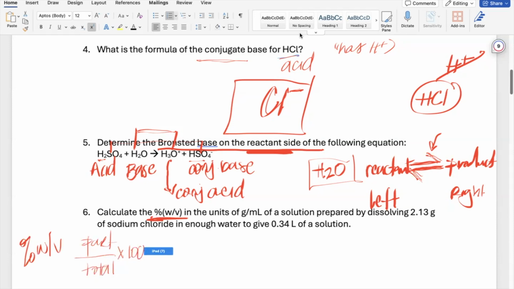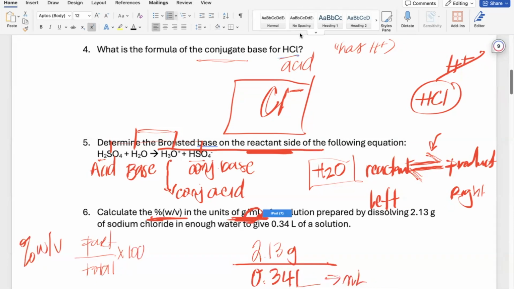All right, so for here, and this one is also telling us to be specific with grams per mil. So if we're dissolving 2.3 grams, that's our part in 0.34 liters of water, which we need to change to milliliters because it's telling us that it needs to be in milliliters here.